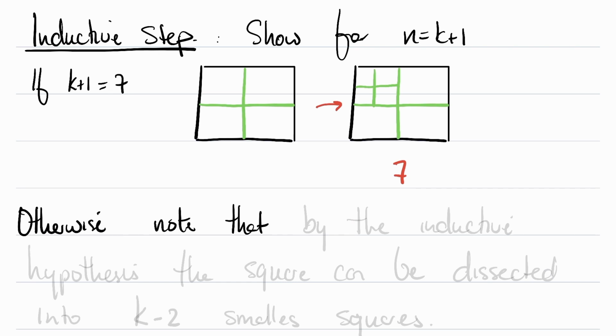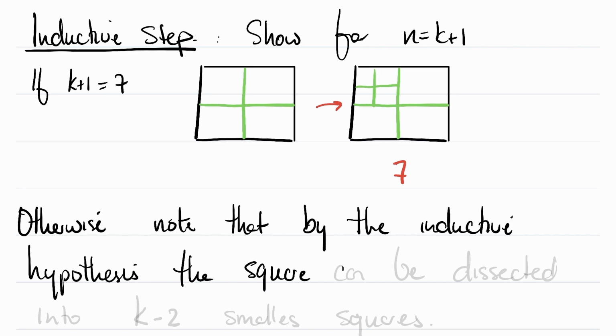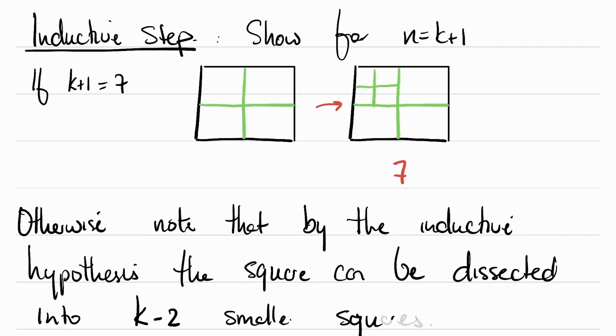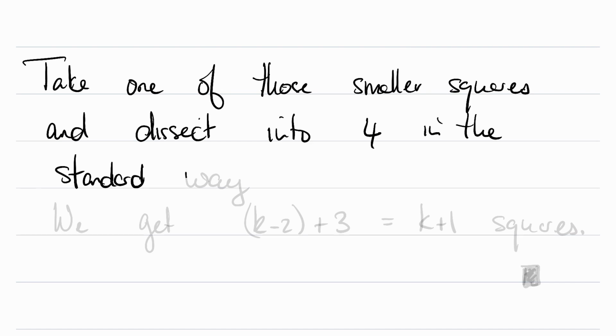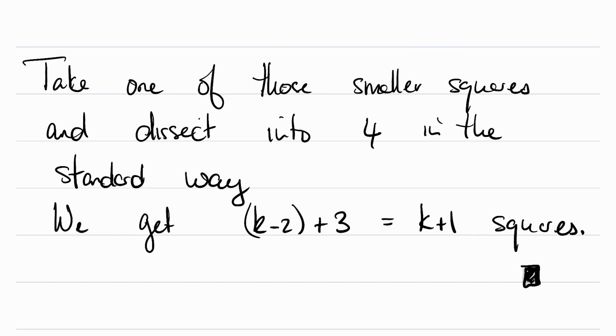Otherwise, note that by the inductive hypothesis, the square can be dissected into k minus 2 smaller squares. Take one of those smaller squares and dissect it into 4 in the standard way. We started with k minus 2 squares, and then we added 3 by dissecting one of the squares into 4, and that is k plus 1 squares.